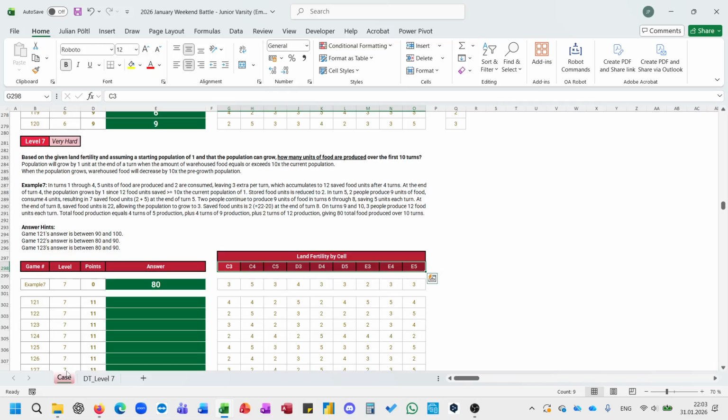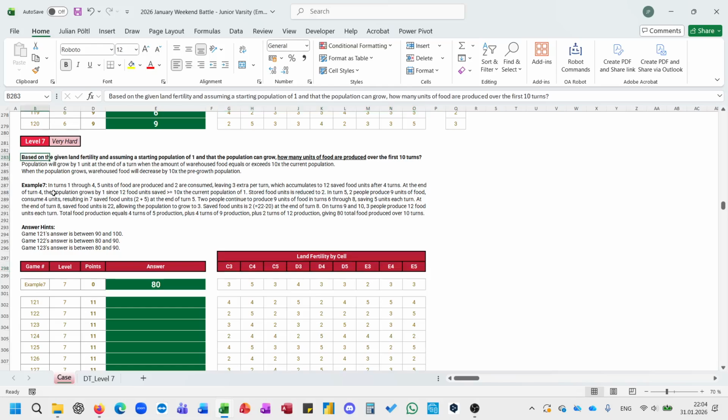Okay, population will grow by 1 unit at the end of a turn. Or the first turns are produced. Okay.